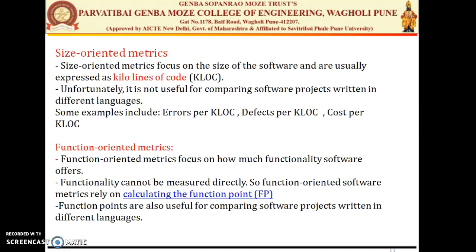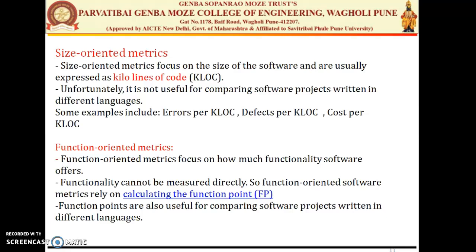FP is also useful for comparing software projects which are written in different languages. In the function oriented matrix, FP is the main measure of the functions of the particular software, and FP is nothing but the count of the functionality provided by the particular product.